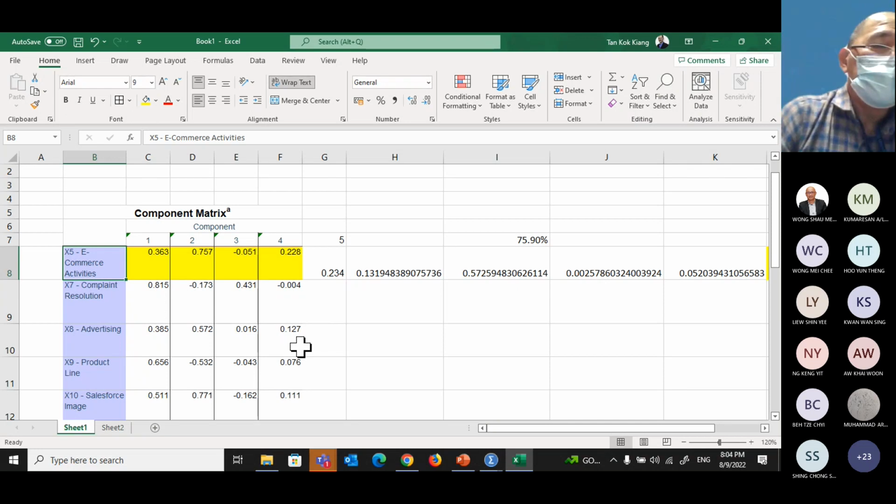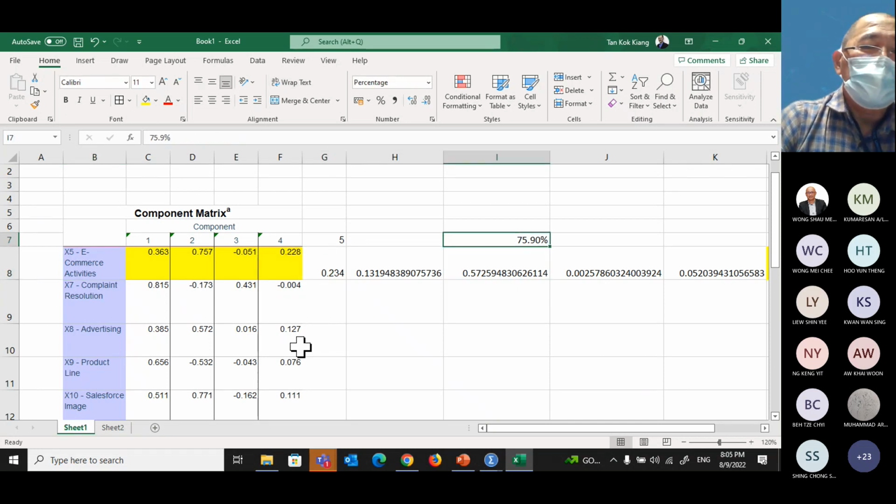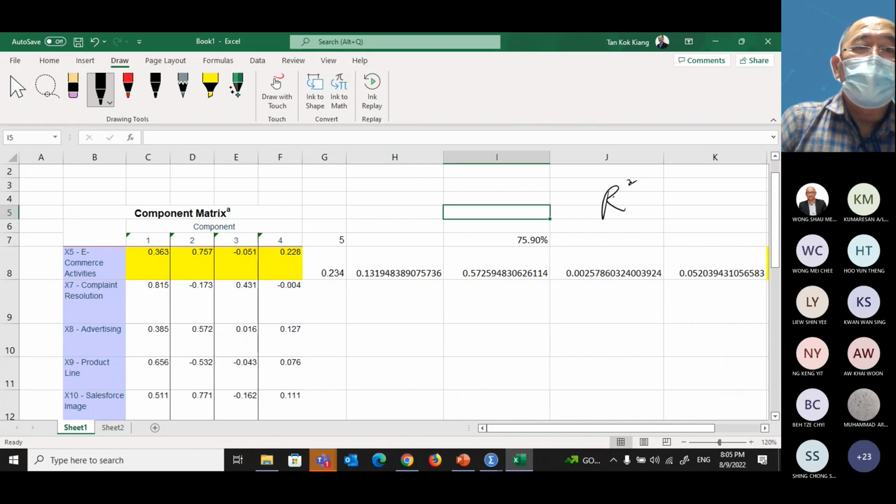You can think this way, the idea is quite similar to R square. They can explain 75.9%. It's correct. Therefore, higher is important. Lower means not too good.